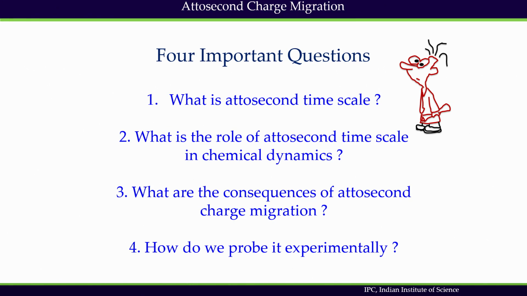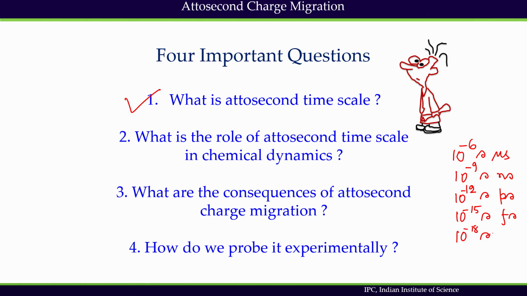Now, before I get into the first question, what is attosecond time scale, I remind that there are different short time scales we have already encountered. 10 to the power minus 6 second, which is microsecond, 10 to the power minus 9 second, which is nanosecond, 10 to the power minus 12 second, which is picosecond, 10 to the power minus 15 second, which is femtosecond, and 10 to the power minus 18 second, which is attosecond.